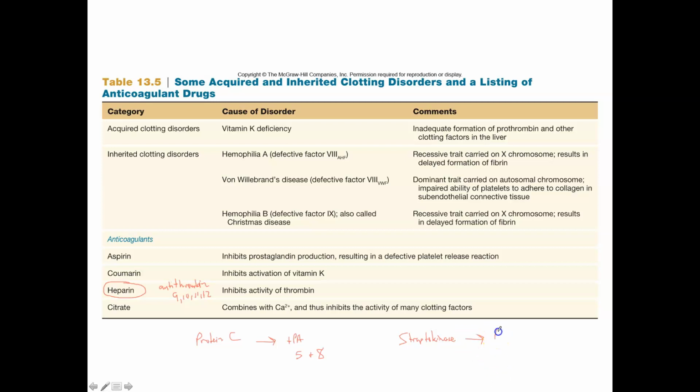So streptokinase can activate plasminogen, and we know that plasminogen now becomes plasmin, and plasmin is that digesting enzyme of fibrin. So that's going to act as an anticoagulant.